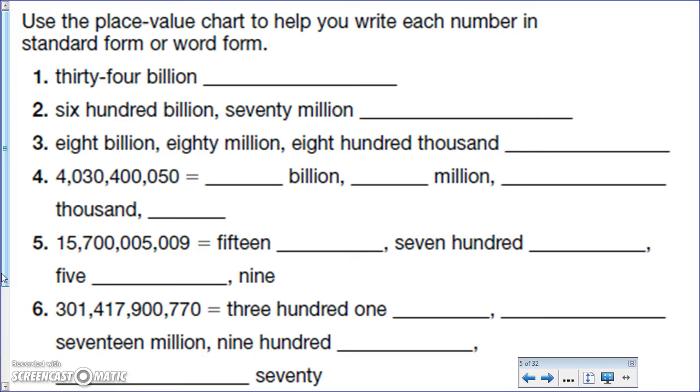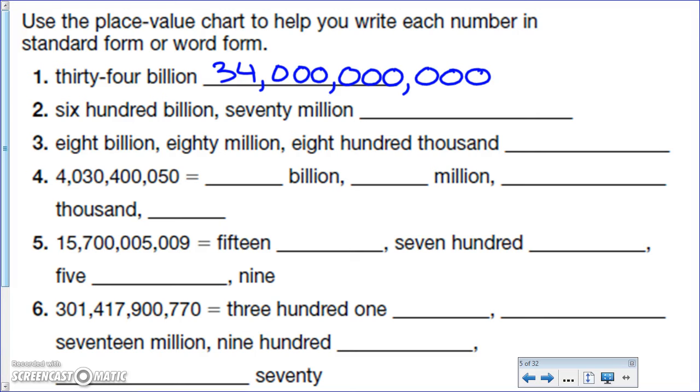So we're going to have a 34 and then a comma. And then to get it up to billions, we need to put 9 zeros after it. For number 2, we have 600 billion, 70 million.